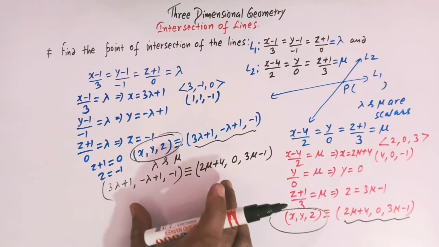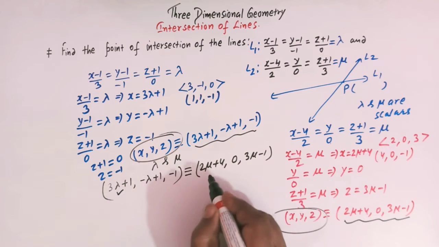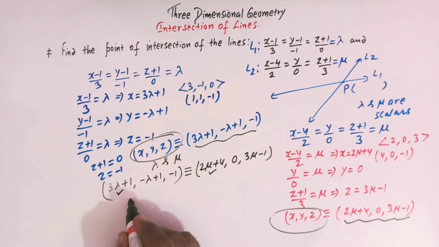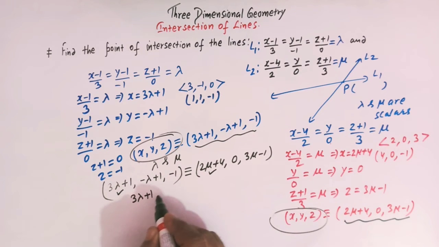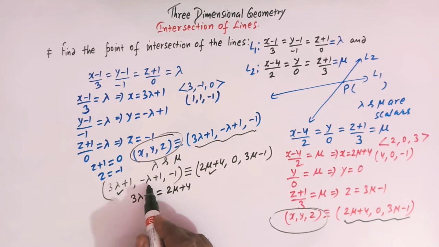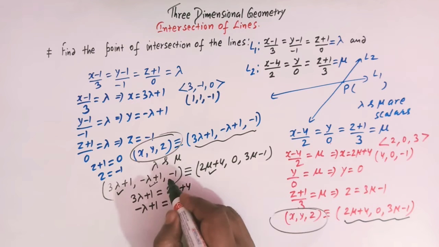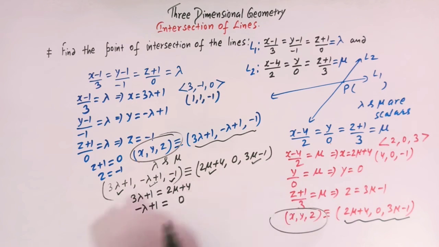So now if we compare these two coordinates, this is the x coordinate, this is also the x coordinate, so we can write 3 lambda plus 1 is equal to 2 mu plus 4. Then we can equate the y coordinates, so minus lambda plus 1 is equal to 0, and then we can equate the z coordinate, that is minus 1 is equal to 3 mu minus 1, right?